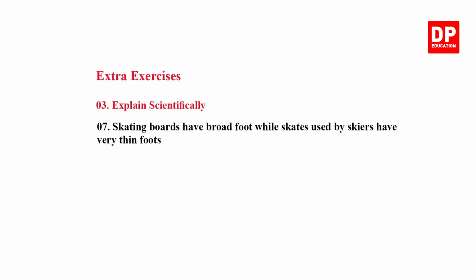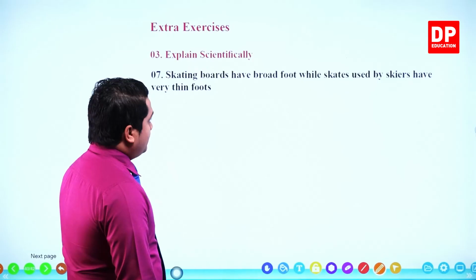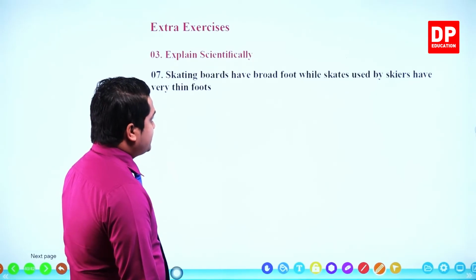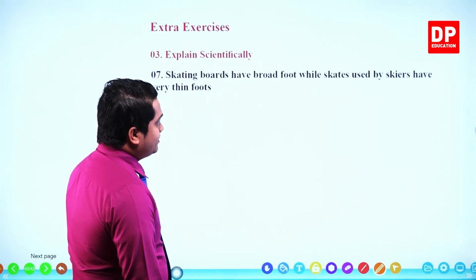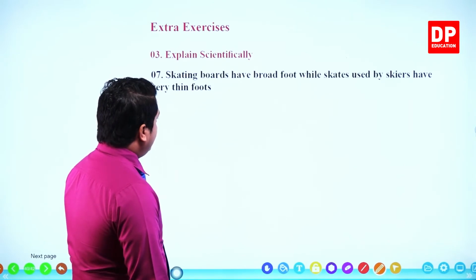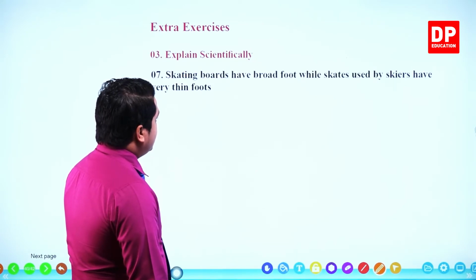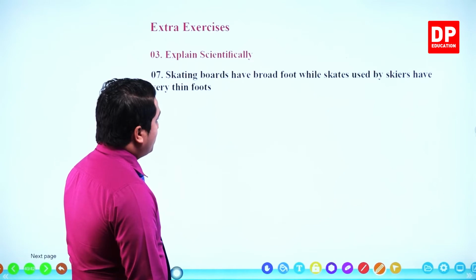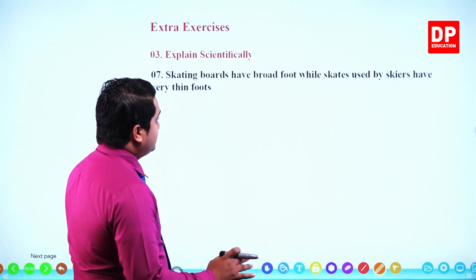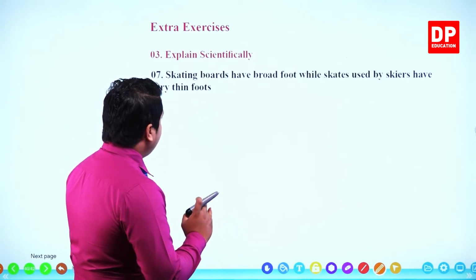Right. Then the next question. Skating boards have broad foot while skates used by skiers have very thin foot.